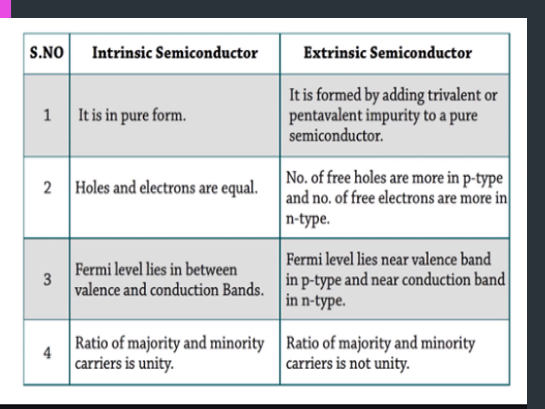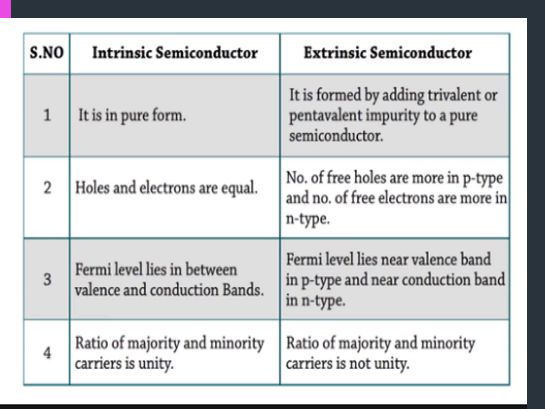The next topic is the difference between intrinsic semiconductor and extrinsic semiconductor. An intrinsic semiconductor is a pure semiconductor, so no impurities are added, nothing is added. The whole semiconductor is made up of silicon or germanium.